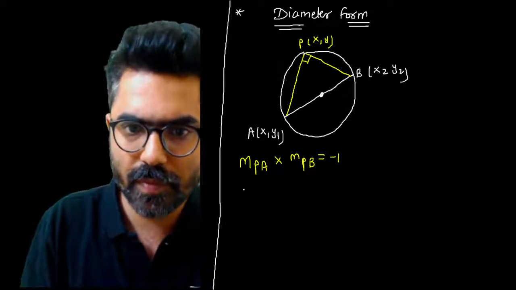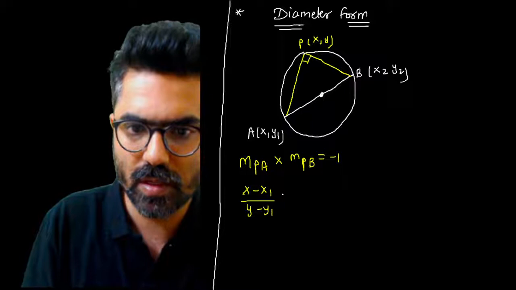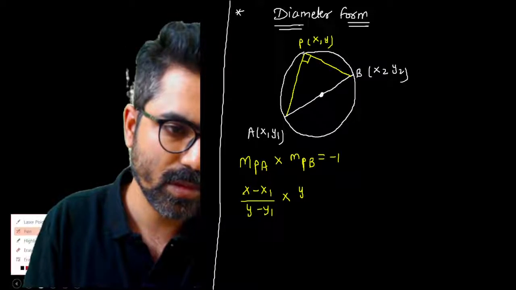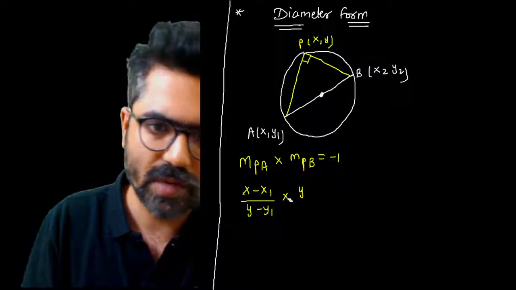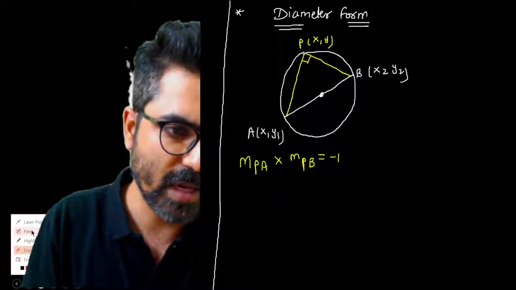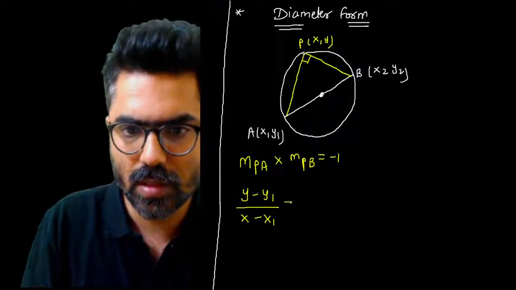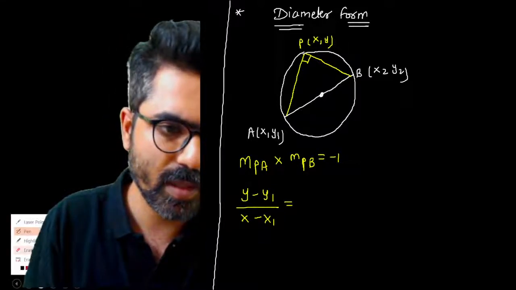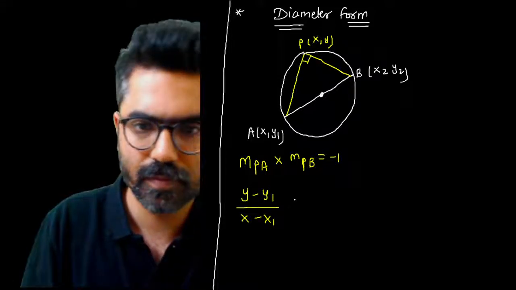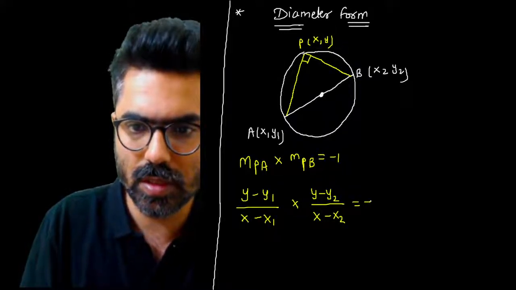Now what is slope of PA? I have written this wrong. Slope of PA is y minus y1 upon x minus x1; by mistake I have written x in the numerator. So y minus y1 upon x minus x1 into y minus y2 upon x minus x2 is equal to minus 1.